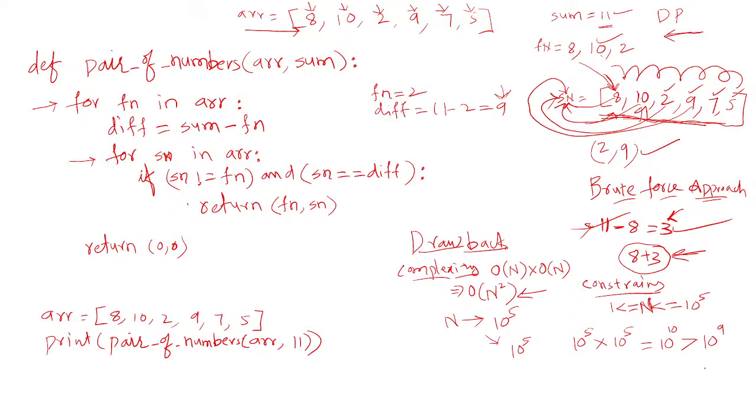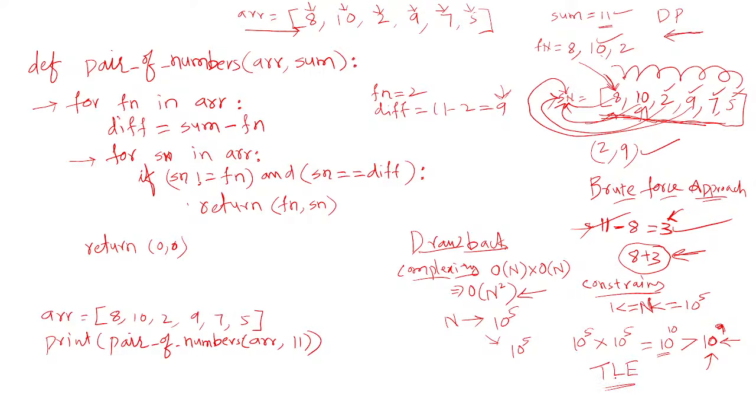In competitive programming, if your code exceeds 10 to the power of 9 input size, that means it runs for this input size. If your input size or program running time is greater than 10 to the power of 9, then there is a possibility of getting a TLE, time limit exceeded.